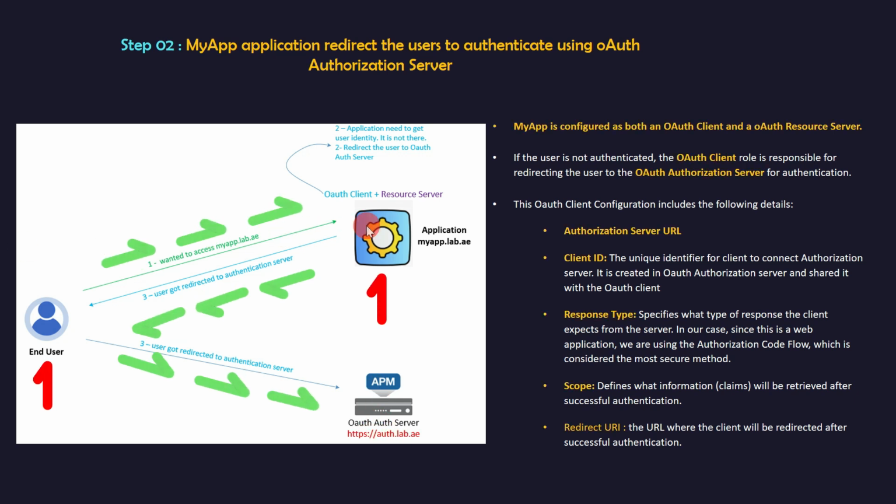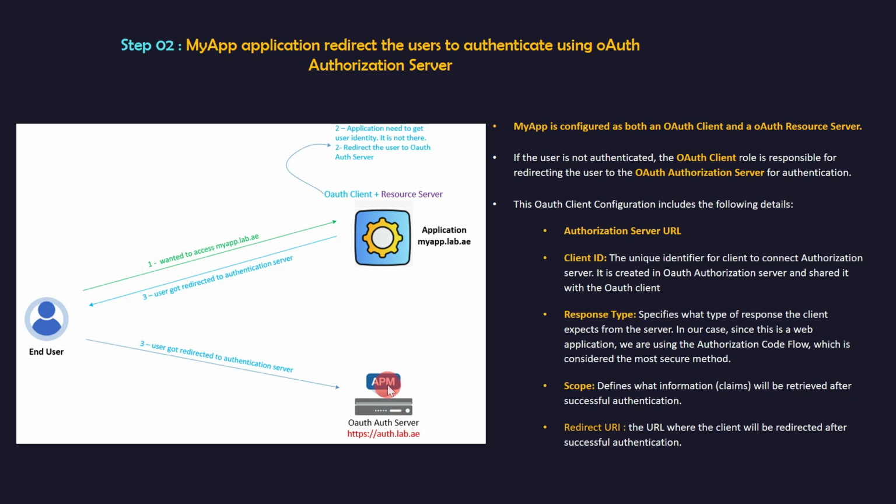The question is, which component does this redirection? In our case, myapp is configured as both an OAuth Client and OAuth Resource Server. If the user is not authenticated, the OAuth Client role is responsible for redirecting the user to the OAuth Authorization Server for authentication.